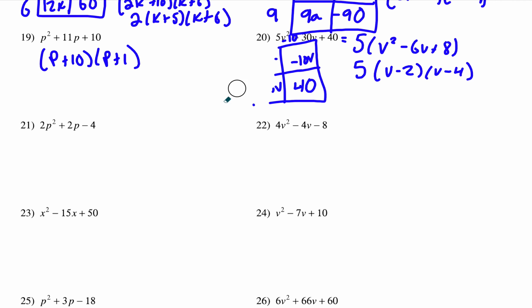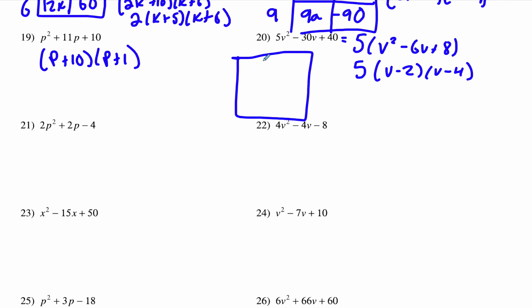You actually also could do 5v minus 20. So if I did 5v minus 20 and v minus 2, I would get -20v, I would get -10v. So you see I can get the same thing.